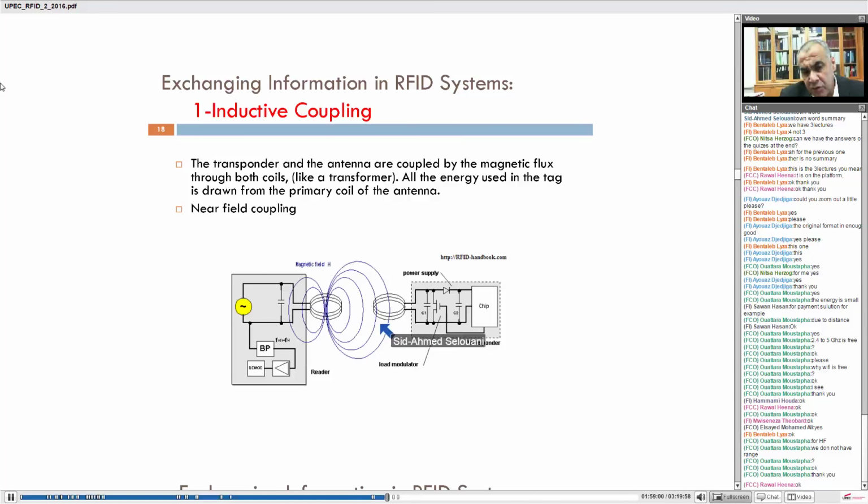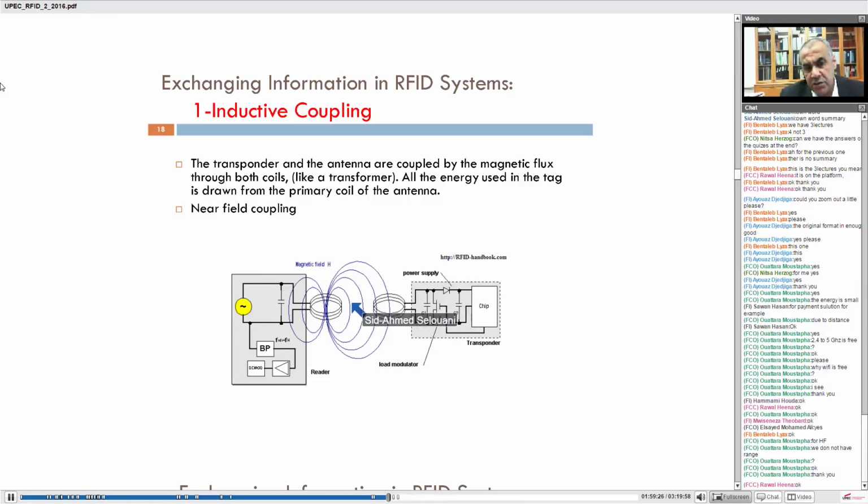The exchange of energy and the exchange of information is done by the magnetic field. This is why it's not sensitive to absorption in liquid and metal, because it's near field coupling.